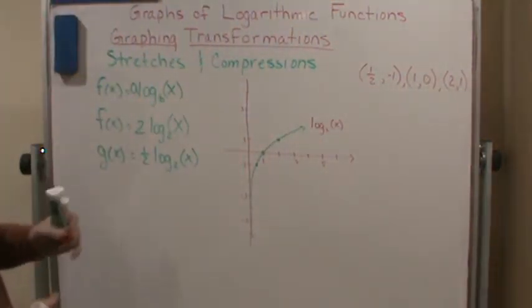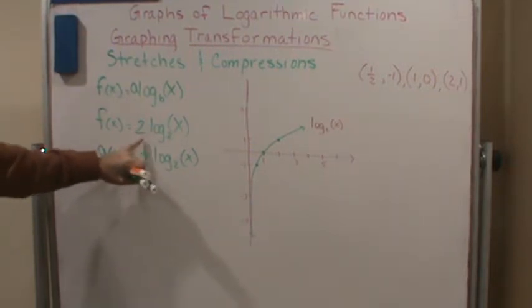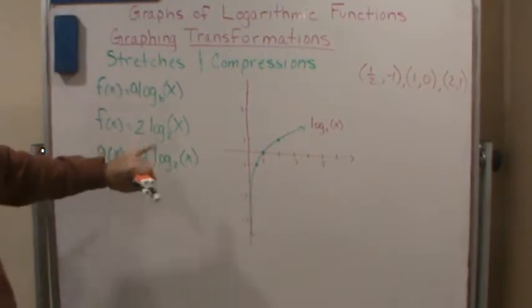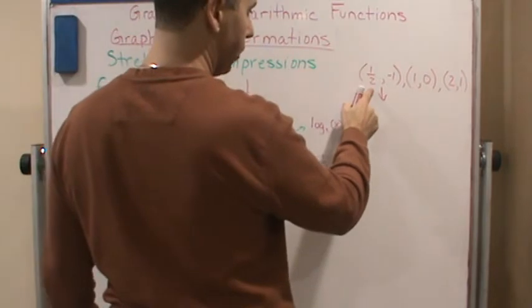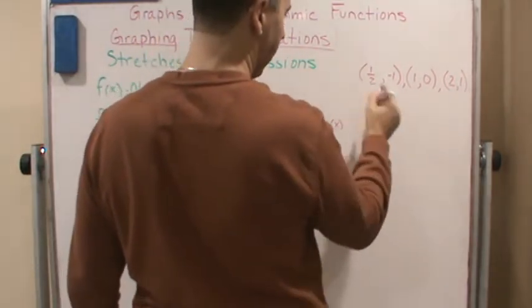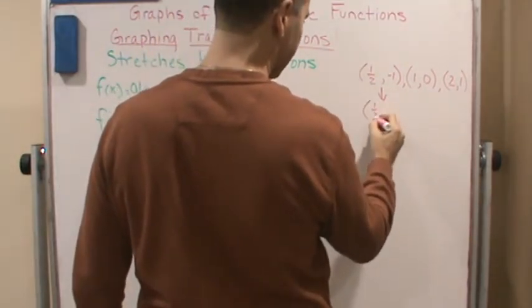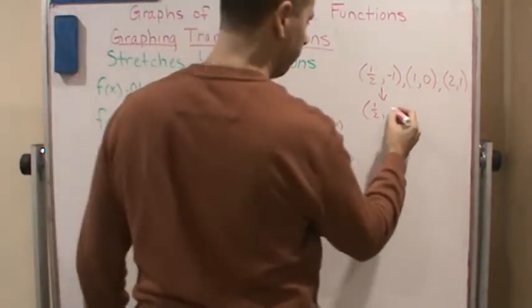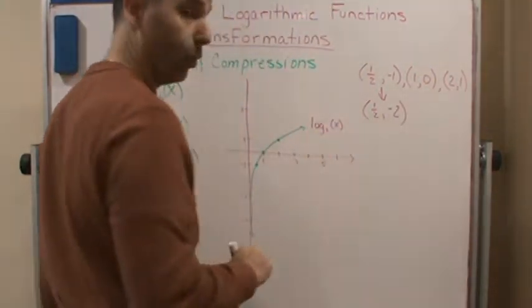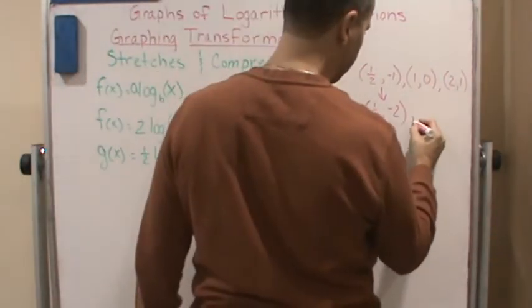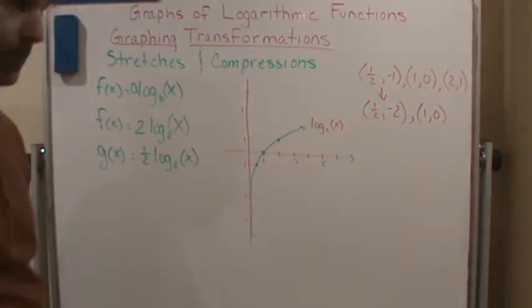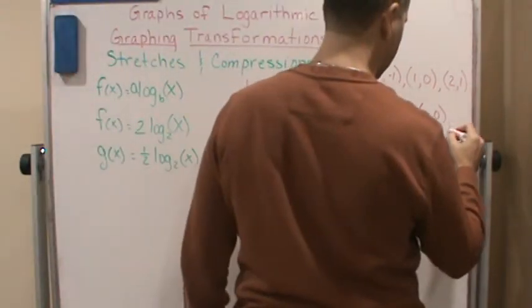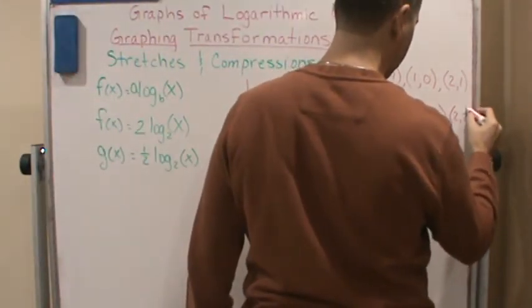Okay, now if I want to graph this one with the 2 here, that means these points are going to go to what? Well, this is going to go to 1/2 comma negative 2, because I'm multiplying the y coordinates by 2. So I'm doubling everything. So this will be 1 comma 0, because 0 times 2 is 0. And then this will go to 2 comma 2.